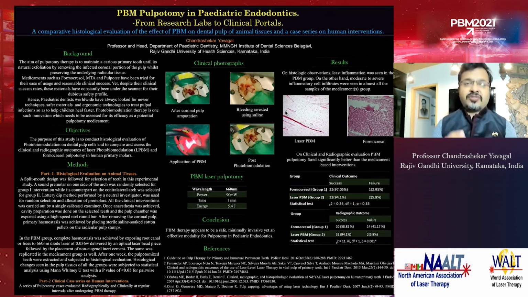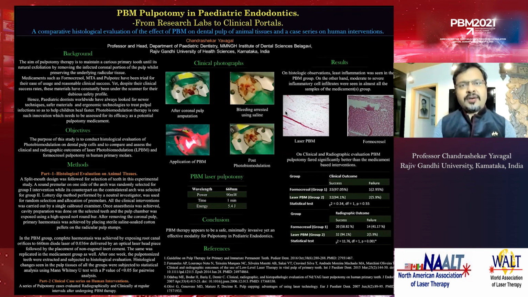So this is the first intervention of its kind where we have tried to accomplish pulpotomy by using a non-pharmaceutical fixative or a non-pharmaceutical agent, which is light. So how did we plan this trial? This trial, as you can see on the left-hand side of the poster, was divided into 3 phases. We did the first histological evaluation as an animal trial.